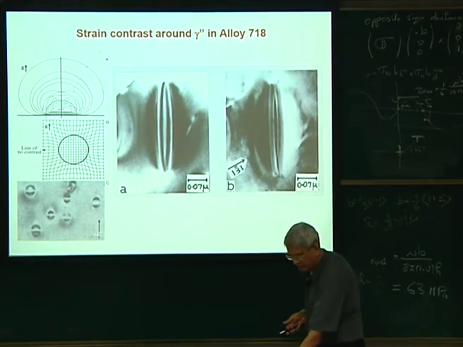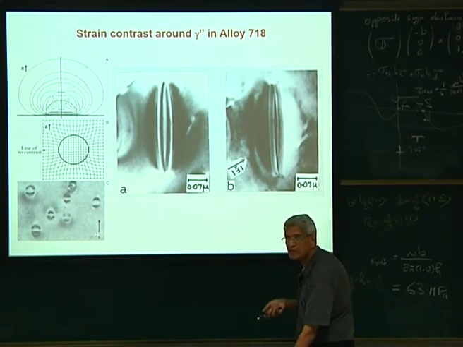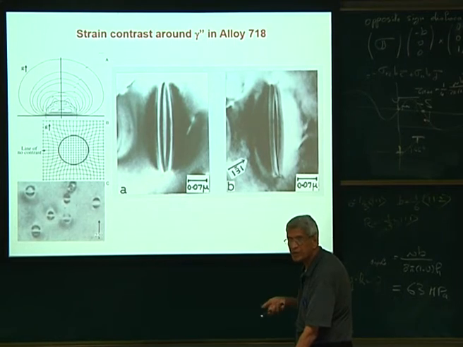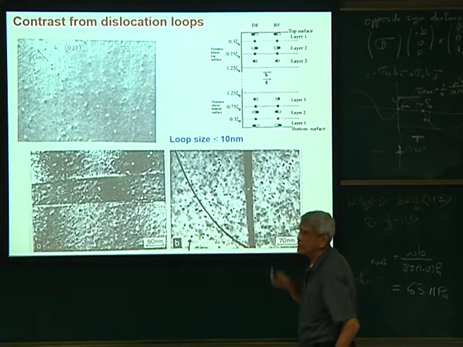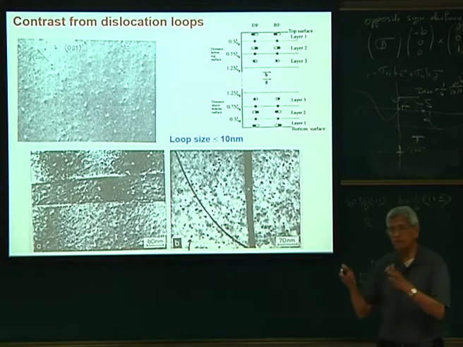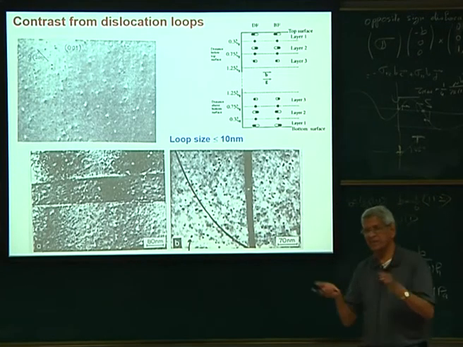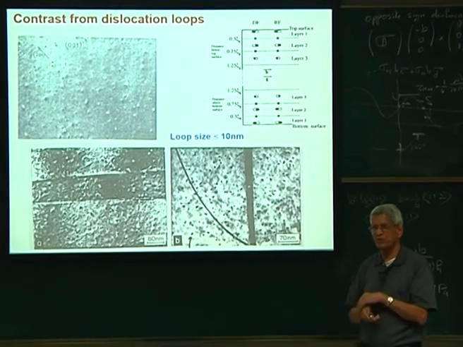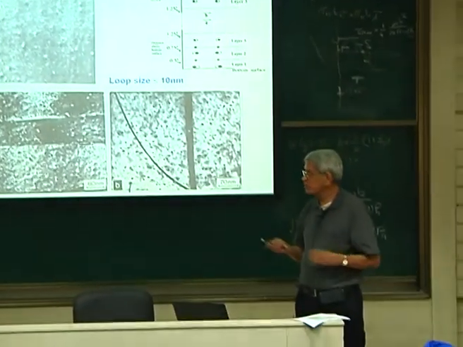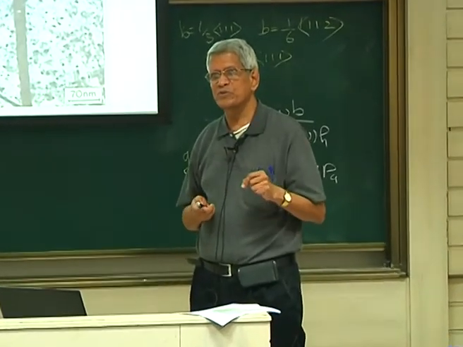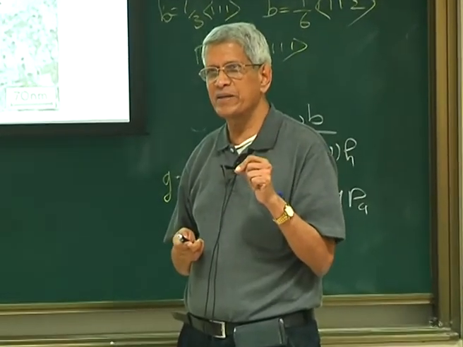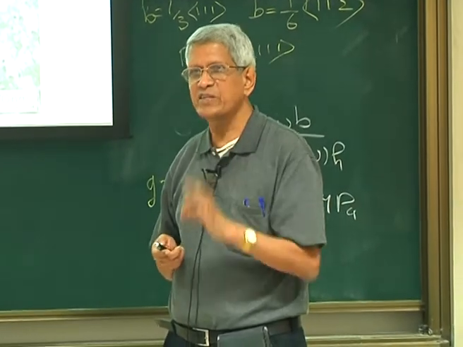Here what we have done is take superlattice reflections and image them in dark field, and that is how particle size is determined. As Fivel mentioned yesterday, the Frank loop gives rise to a fringe contrast, and the contrast of these loops itself depends upon the size of the particle.